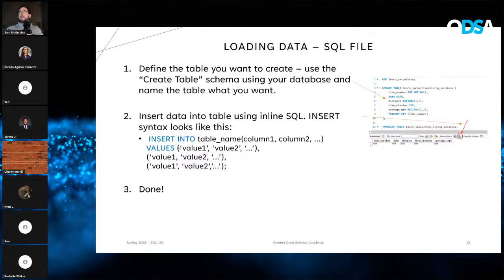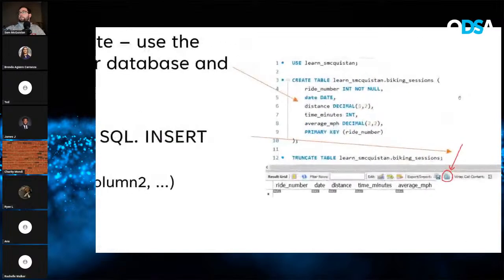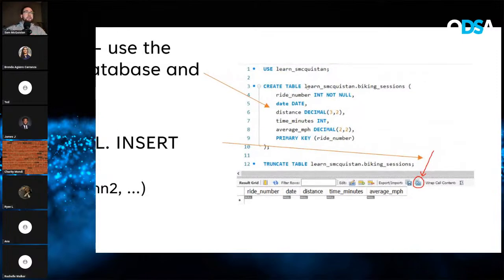So if you wanted to insert into your biking table, for example, your insert statement might look a little something like insert into, and in this case, learn_s.mcquiston.biking sessions. And then in this block of parenthesis, you'll have ride number, comma, date, comma, distance, comma, time minutes, comma, average miles per hour, comma.